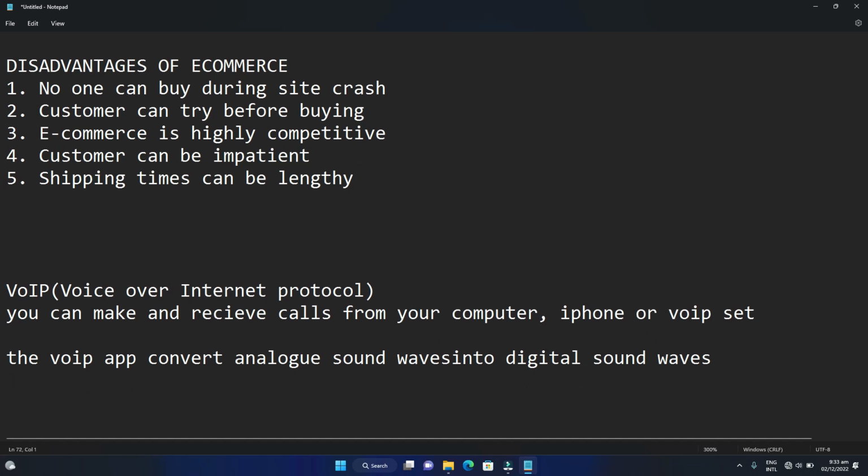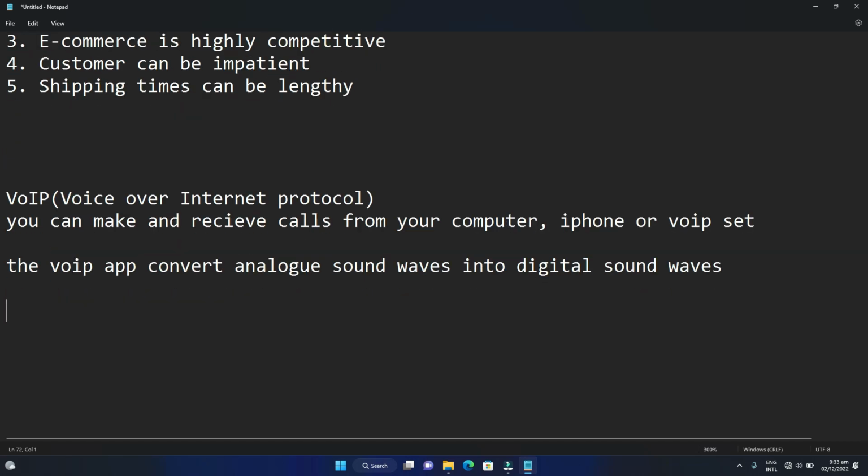Then the next thing is your internet provider. Now it's digital, so it will be sent to your internet provider. If you are using MTN or Tigo, it will be sent to what you are using. So it will be sent to your internet provider, right?